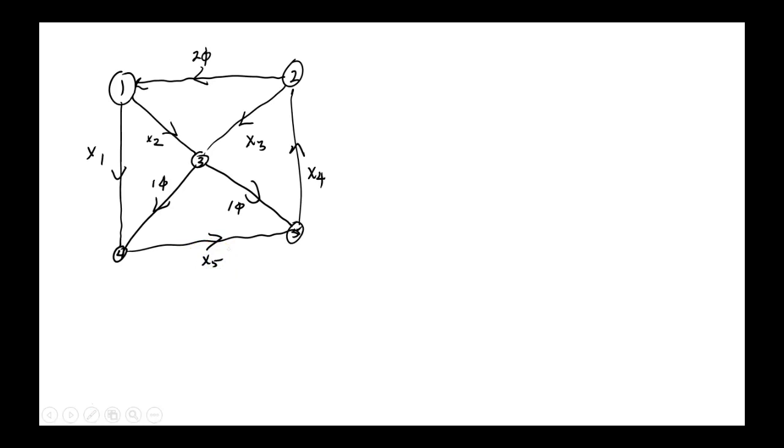Now, some of the information that we have here is that it's basically conservation of whatever you're dealing with, mass, energy, traffic, whatever it is: everything coming into a node or a junction, the same amount has to leave.